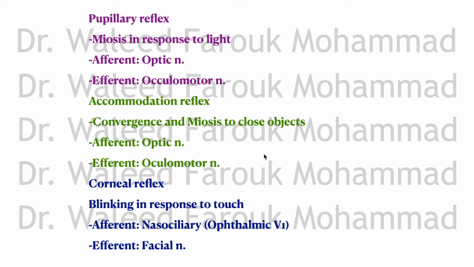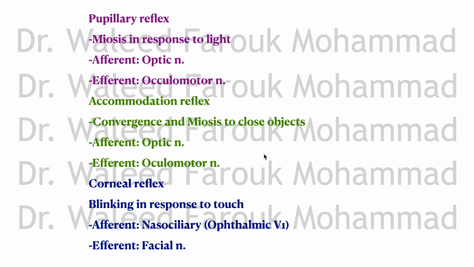Usually they contract alternating action for the eyes, both eyes to look in one direction, the same direction. But in this case, both eyes converged on the object. So both medial recti, there is a special part of the nucleus inside the brainstem for oculomotor for this reflex. This is called an accommodation reflex. So the afferent is optic and the efferent is oculomotor.